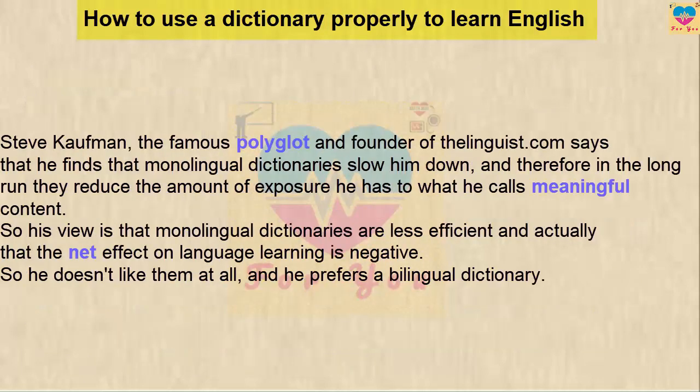Steve Kaufman, the famous polyglot and founder of thelinguist.com, says that he finds that monolingual dictionaries slow him down, and therefore in the long run, they reduce the amount of exposure he has to what he calls meaningful content. So his view is that monolingual dictionaries are less efficient, and actually that the net effect on language learning is negative. So he doesn't like them at all, and he prefers a bilingual dictionary.